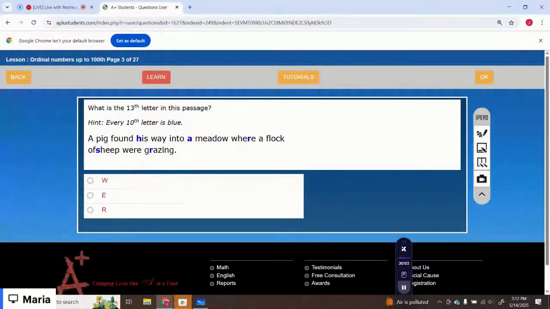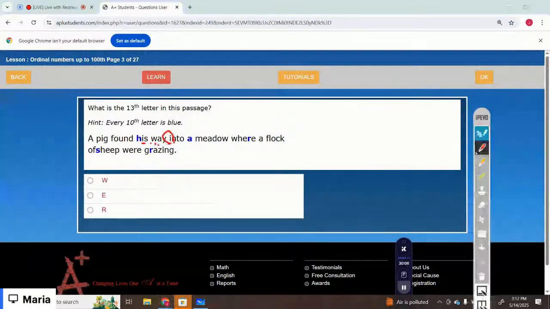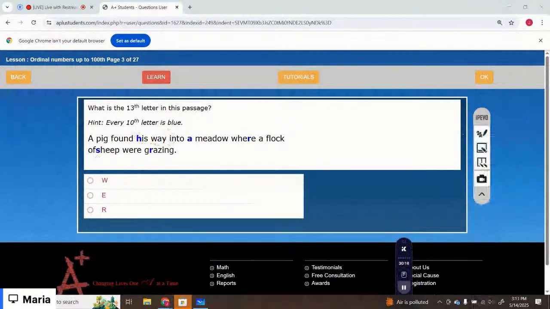What is the 13th letter in the passage? So you need to find the 13th letter, right? So the text is H, 11, 12, and 13. So W is the 13th letter in the passage. Option number one is the correct option.